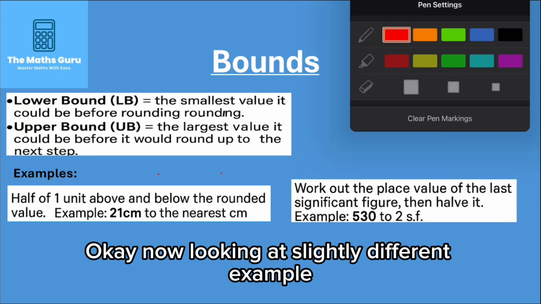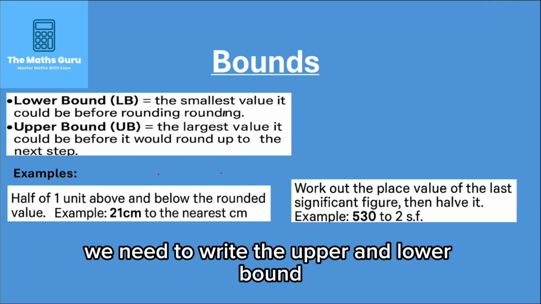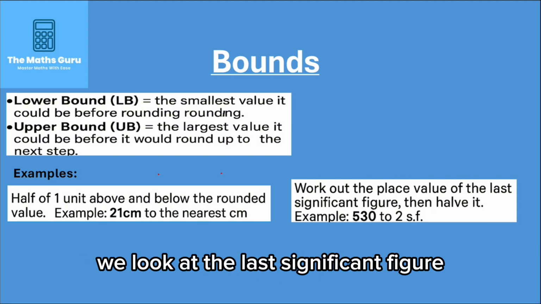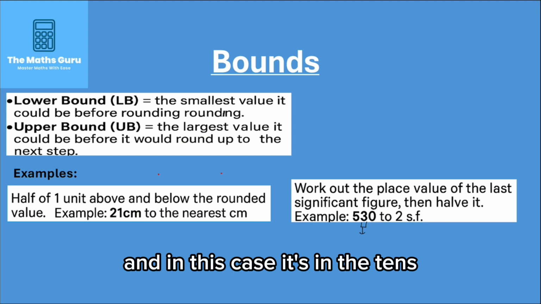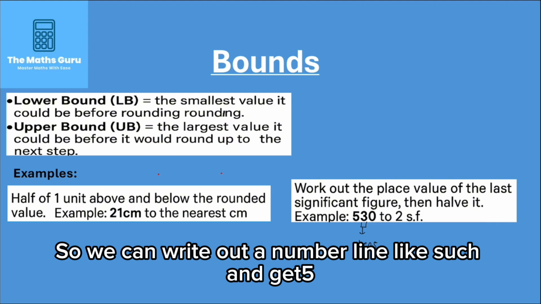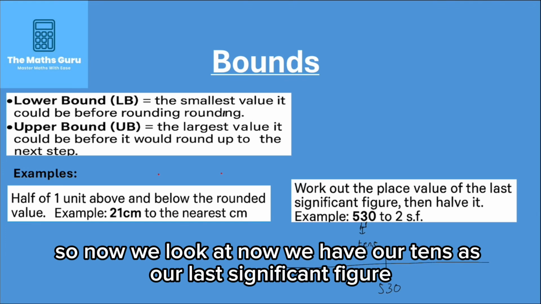Okay, now looking at a slightly different example, we're told to work out 530 to two significant figures. We need to write the upper and lower bound. So, when it comes to significant figures, we look at the last significant figure, and in this case, it's in the tens. So we can write our number line like such and get 530. Now we have our tens as our last significant figure.